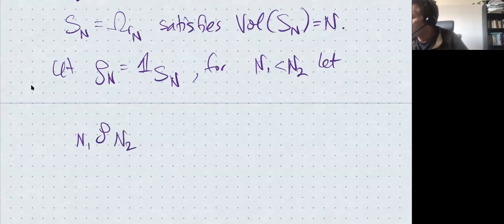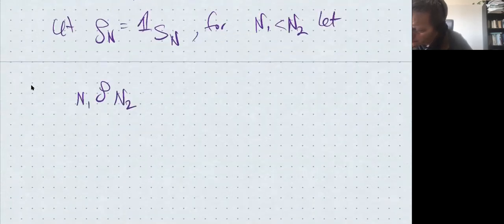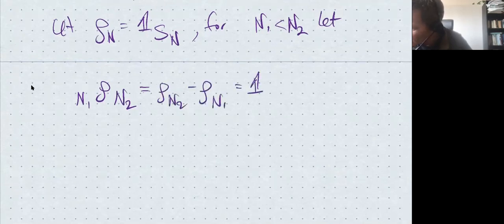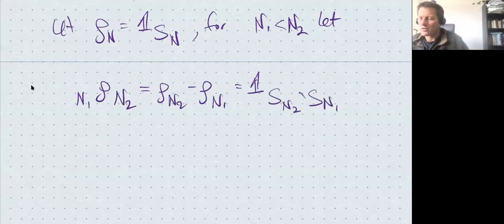Rho with n1 on the left, n2 on the right is the difference of these two indicator functions, which means it's the indicator of the big set minus the small set. Remember, the sets are nested. So when n1 is less than n2, Sn1 is contained in Sn2. So the difference in the indicator function is 1 exactly on the difference set. This is because the sets are nested.